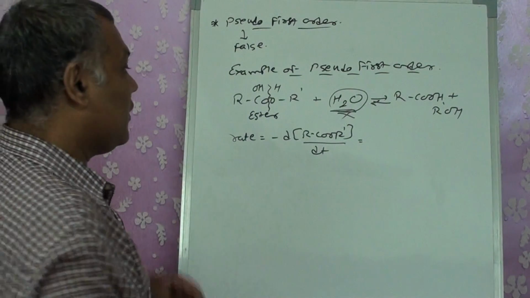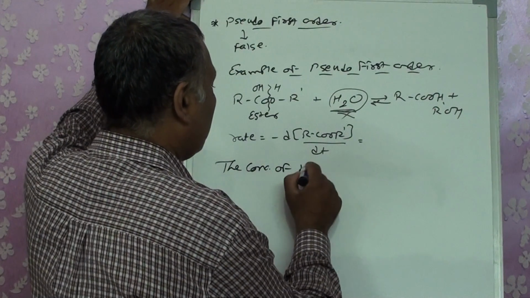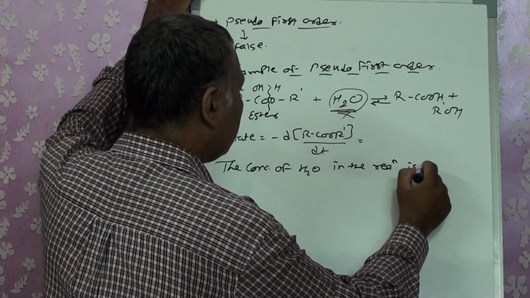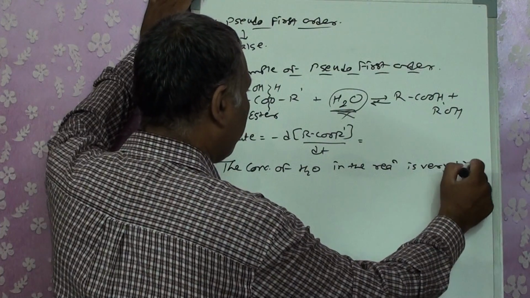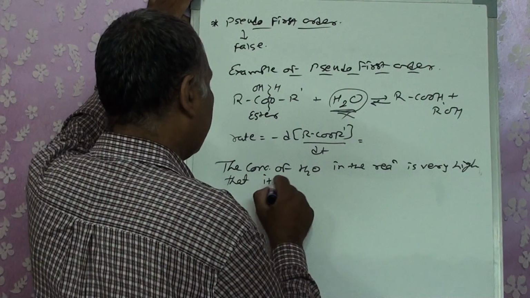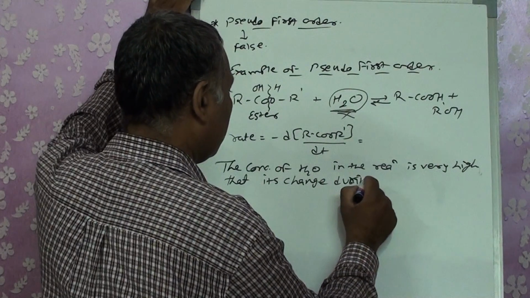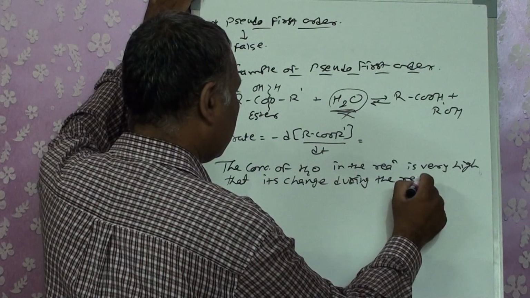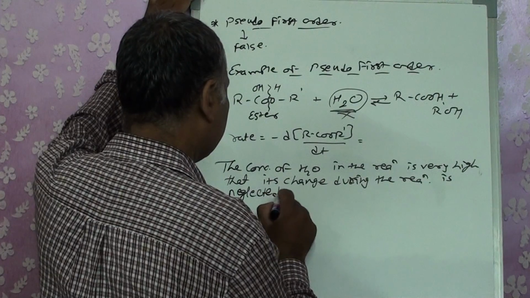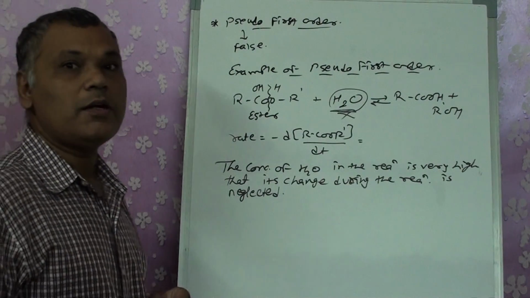The reason is the concentration of H2O in the reaction is very high, so its change during the reaction is neglected. During the reaction, whatever the change is in the concentration of H2O, we are neglecting it.